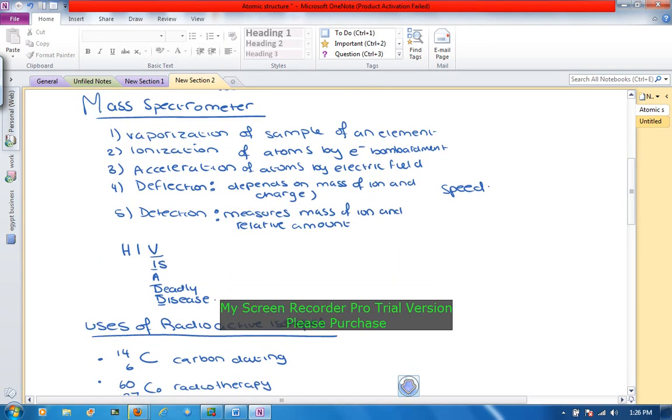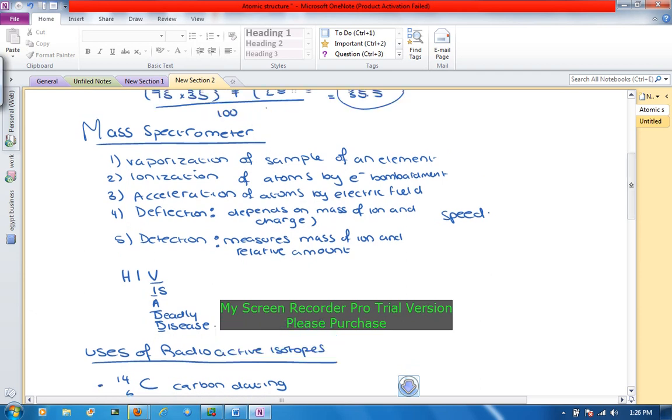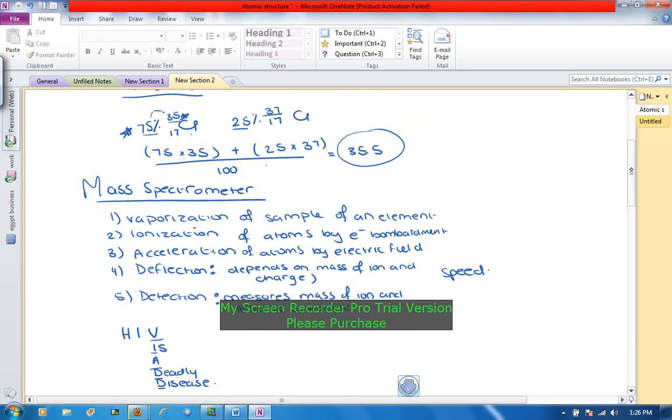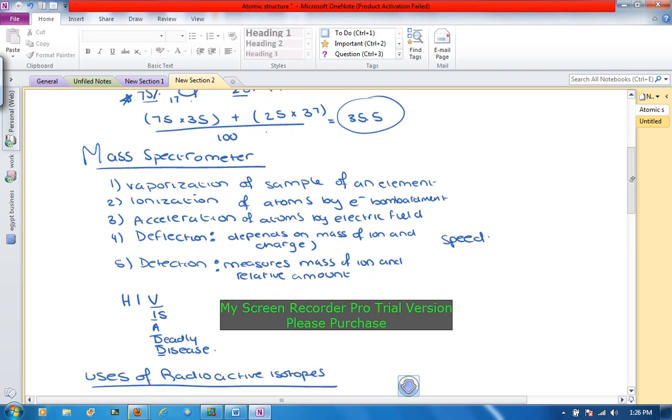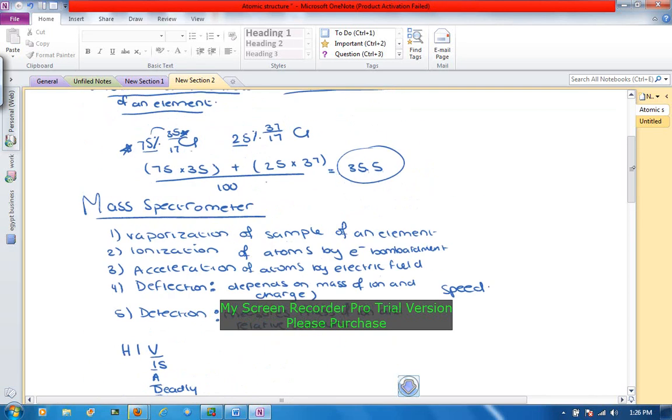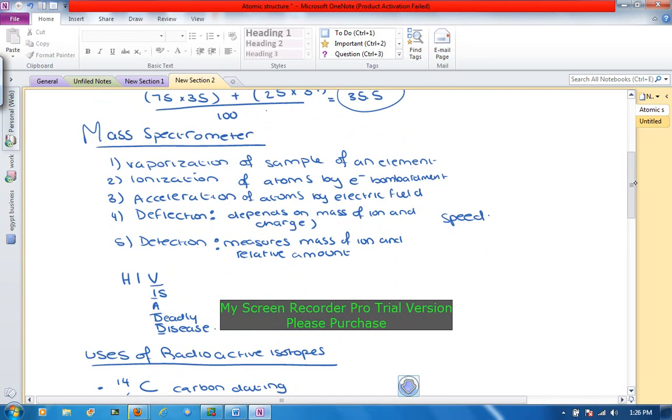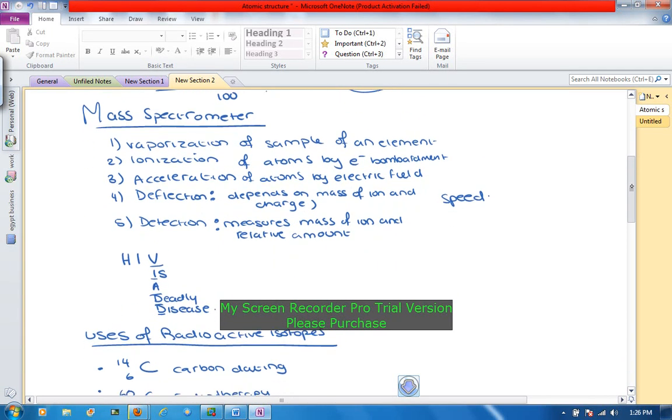We'll go through the steps, but what it does is it figures out how much of each isotope of that element is present, and from that you can calculate the relative atomic mass.